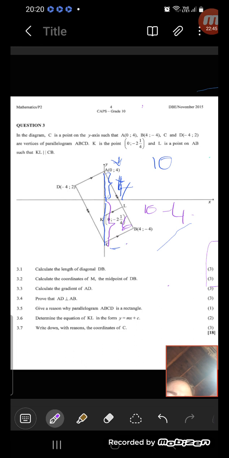I'm not saying it is 10. I'm saying, for example, if it's 10. So the coordinates of C will definitely have a 0. Wow, the coordinates of C for 3 marks. That's cool, because you should know that it's a 0 because it's on the y-axis. The coordinates of C are 0, and then whatever that diagonal's length was minus this y value of 4 up.